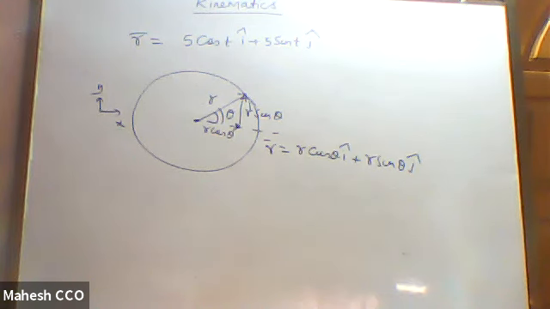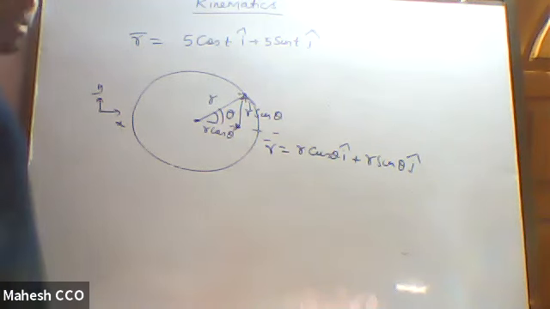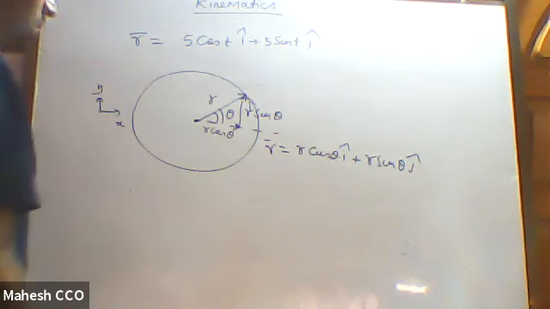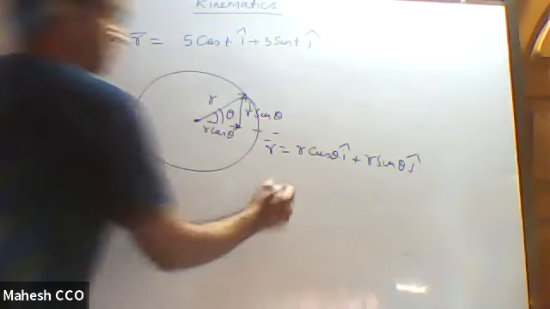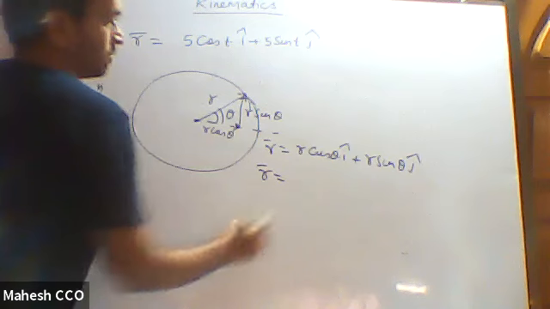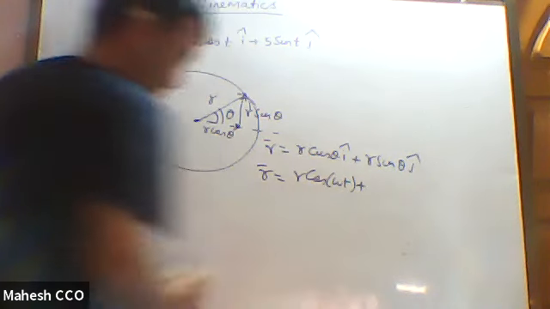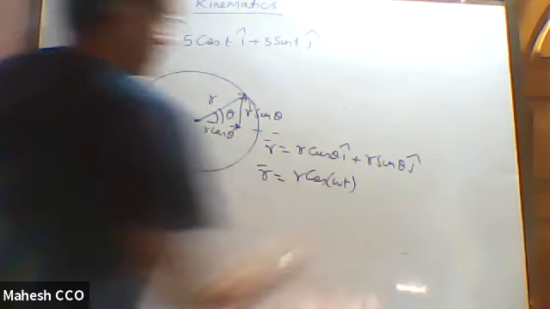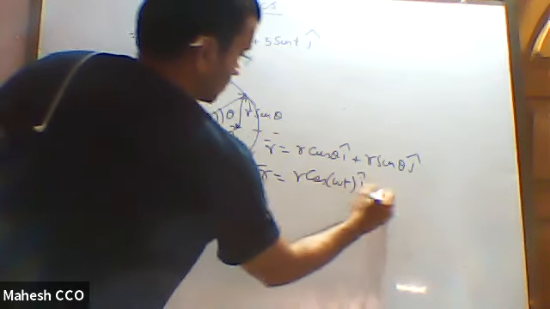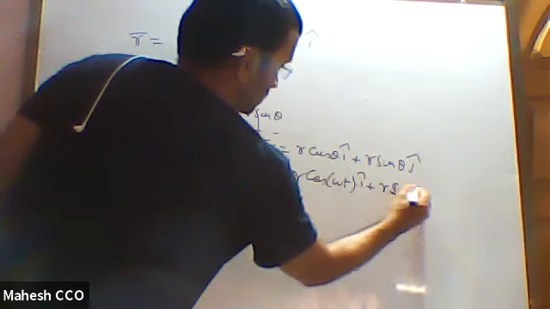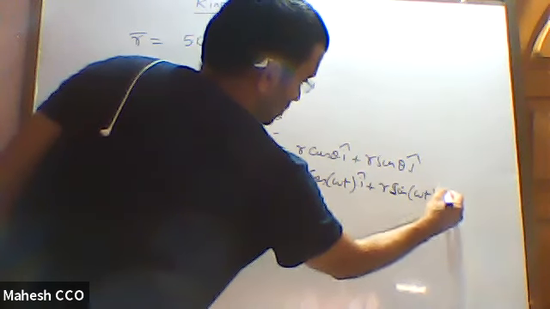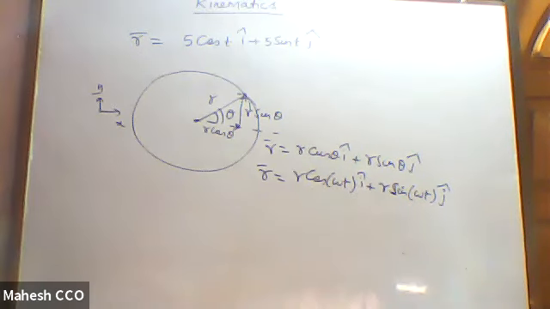So accordingly, a typical position vector in terms of time, when the particle is moving in a uniform circular path, uniform circular motion, will be r cos omega t i cap plus r sin omega t j cap.